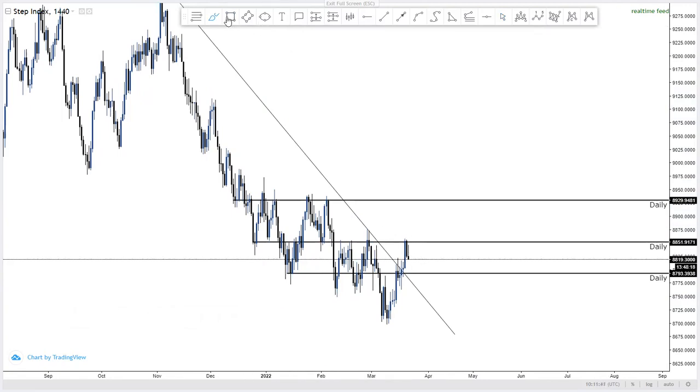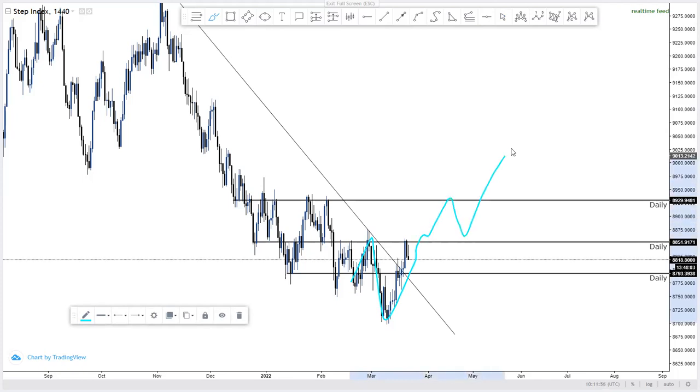For it to confirm that we are now in a bullish market, it has to break that high, then continue to make higher highs and higher lows. So we actually haven't gotten that confirmation.